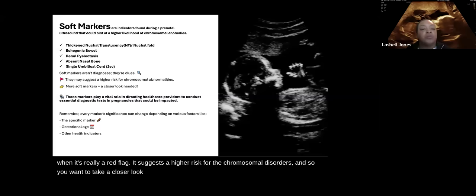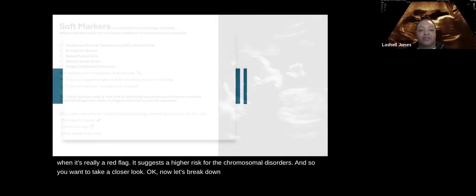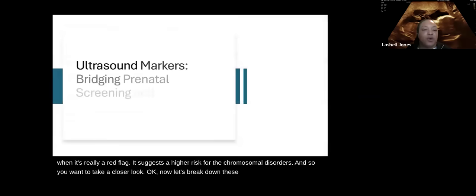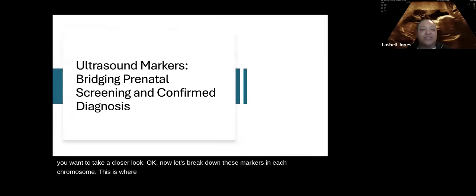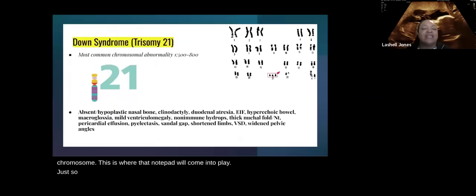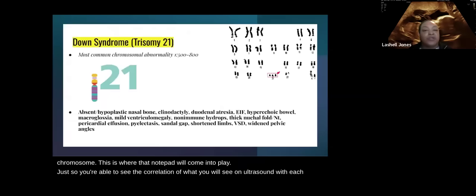Okay. Now let's break down these markers in each chromosome. This is where that notepad will come into play, just so you're able to see the correlation of what you will see on ultrasound with each particular chromosome disorder.